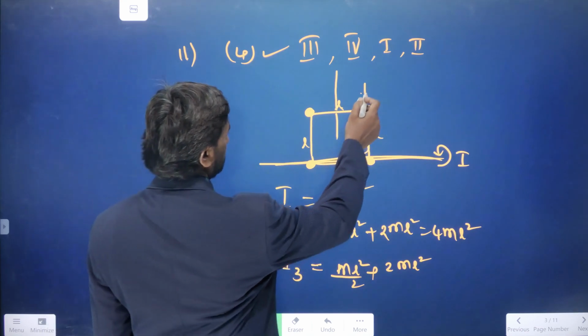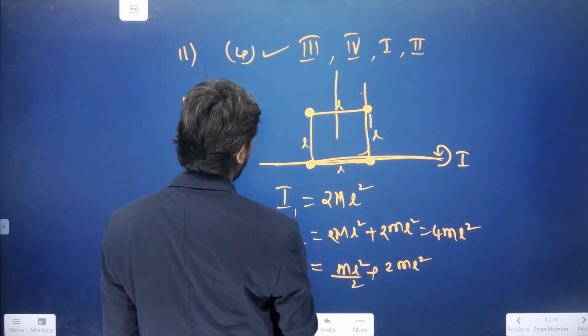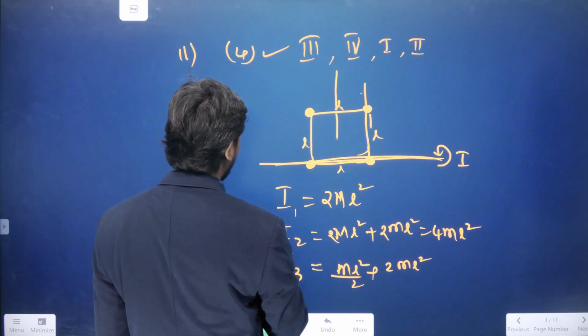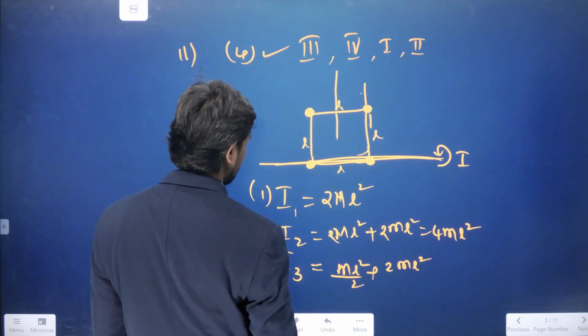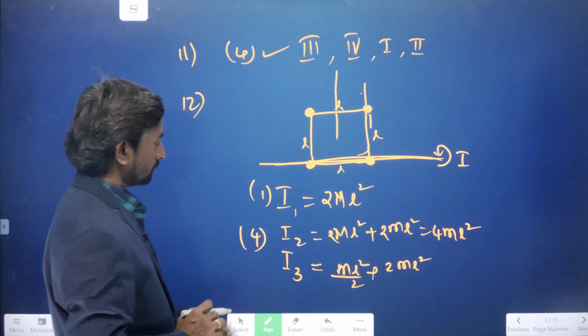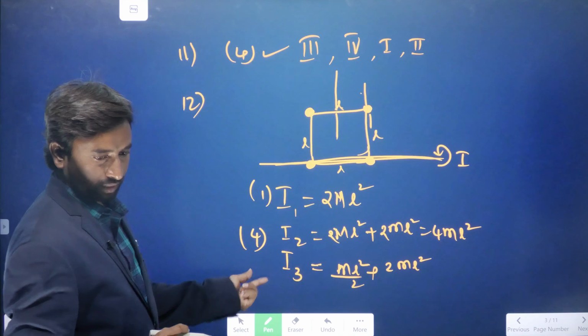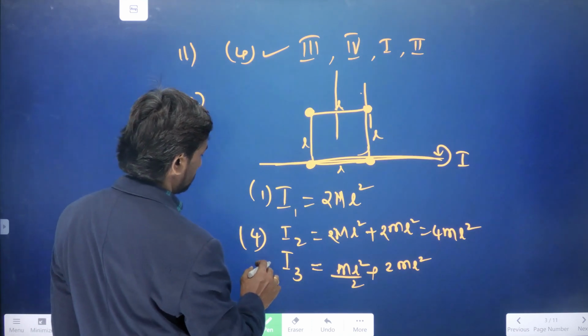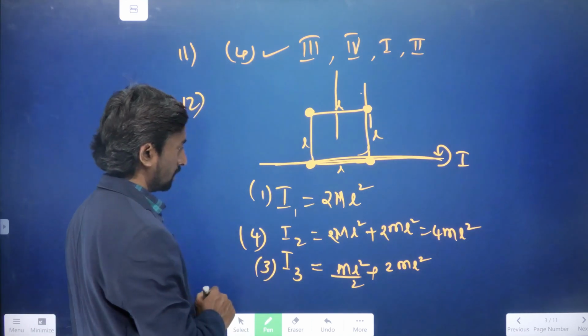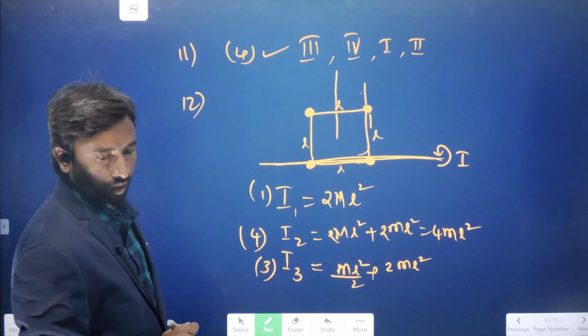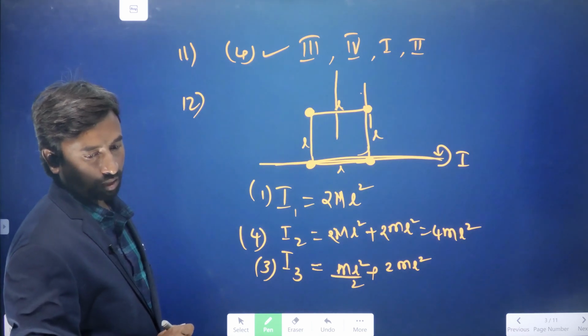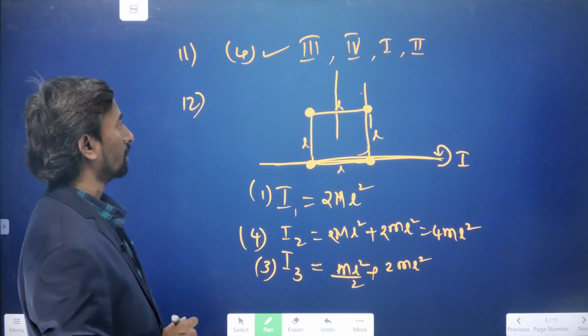Perpendicular means already we have taken this one. So this we can write here as the fourth one, and this will be the first one, and this moment of inertia will be the perpendicular bisector of any side. So this one we can consider, the third one we can consider. Now the second one we should write there, passing through the opposite corner. Passing through the opposite corner.